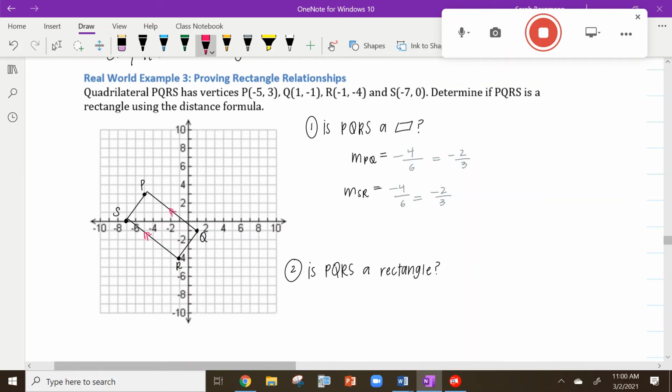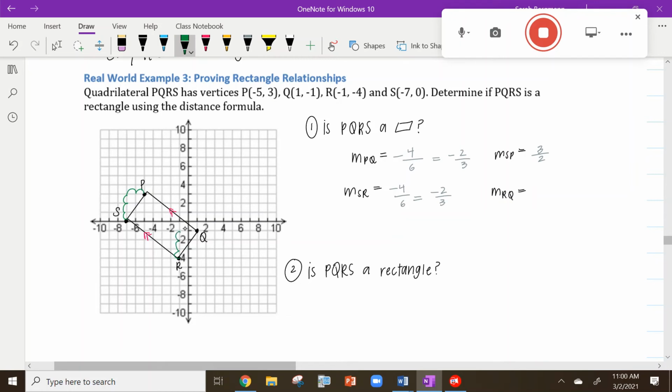I'm going to get these out of the way. Next, I'll check the slopes of SP and RQ. So I need rise over run again. I'm going up 3 over 2, so that gives me a slope of 3 over 2.